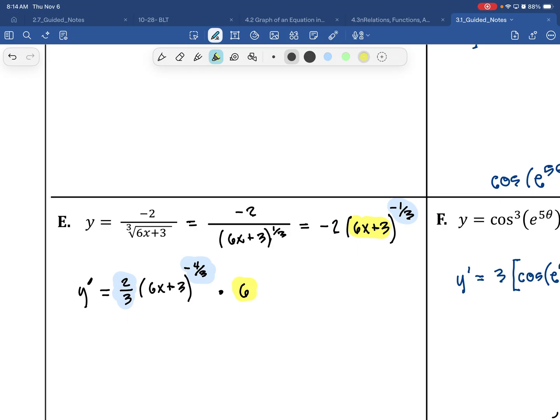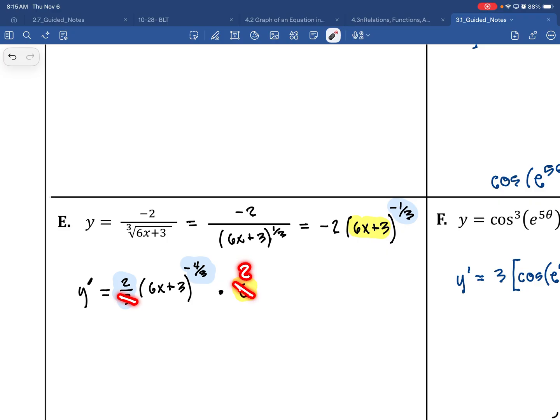Can you cancel anything? Like the 3 and the 6? This 3 divides into that 6 2 times. So this 3 is going to be gone, and this 6 is going to reduce to 2.